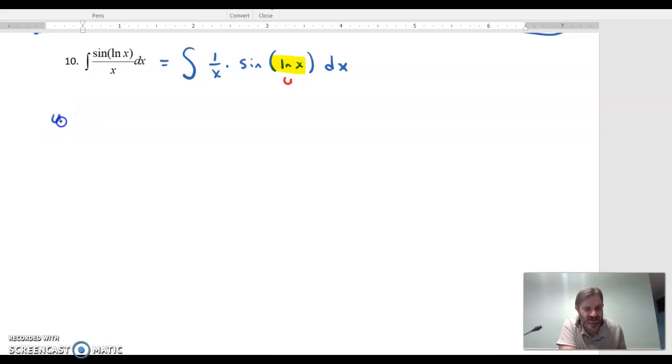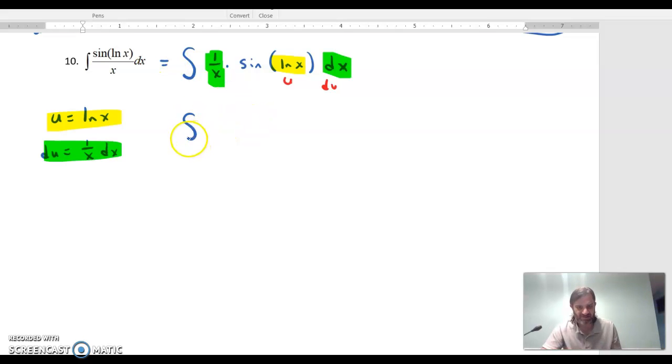And with that, if u is the natural log of x, then du is 1 over x dx. So we can replace some things very magically matched up here. So let me highlight everything in the correct place, like I've been doing.